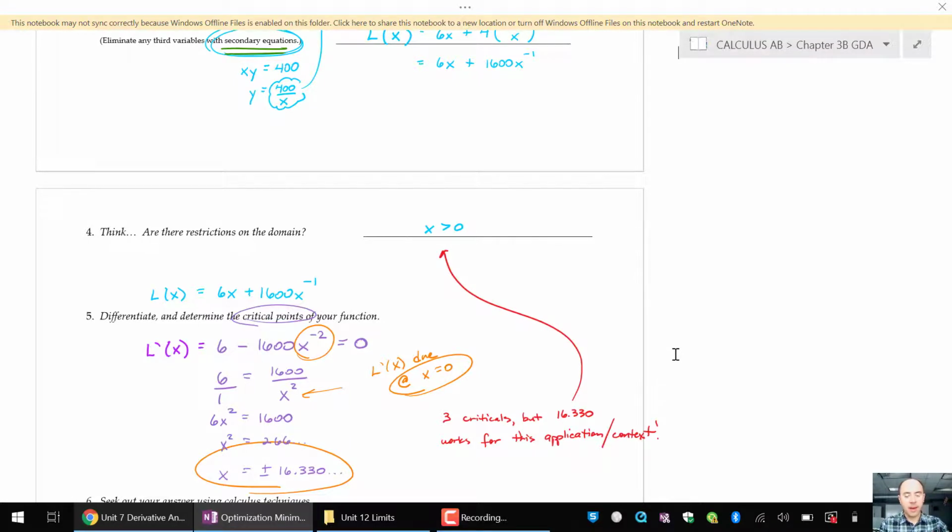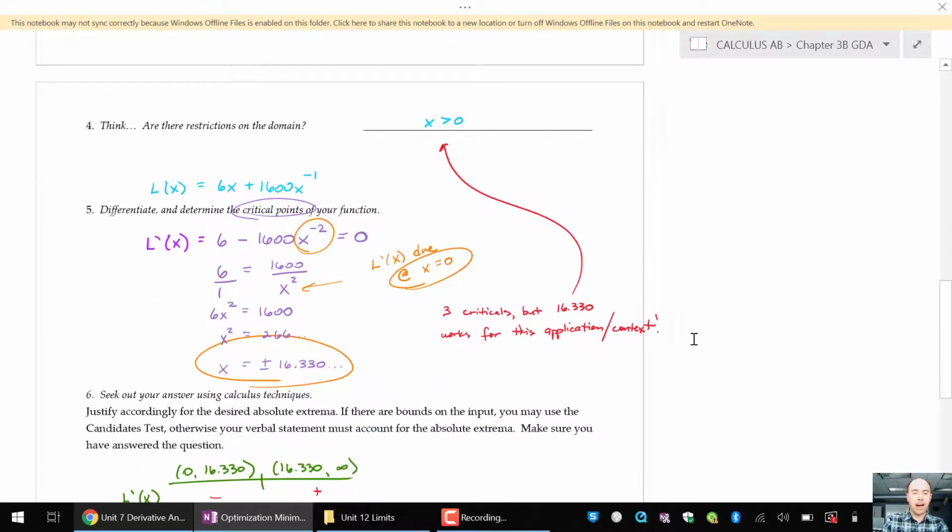And then I have plus or minus 16.3 for my other critical points. But remember, think of your domain. The only valid critical point here would be the positive 16.330. I can't have a wall dimension of 0. I can't have a wall dimension that's negative. So we're just going to go with the positive 16.33.